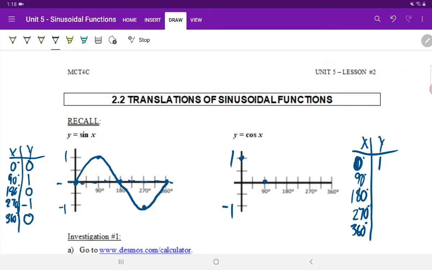There's our first x-intercept. Then at 180, we're at -1, and then back up again. So one full cycle of the cos function looks like this. Noting that, again, it starts at the max here, whereas the sine function is the exact same, except it starts at the EOA, the equation of axis.